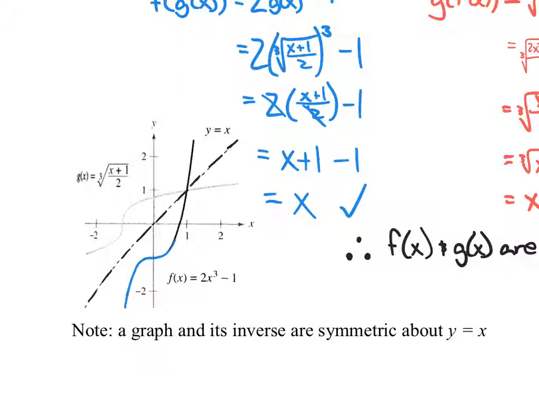Looks like it's got a plateau point there, and then it goes up. Okay. And then also we have this g of x, which was a cube root. And notice they intersect each other right on the line y equals x. Here, what was a plateau point on the function translates into a vertical tangent on the inverse, okay, because it's been reflected across. So a horizontal tangent becomes a vertical tangent, okay?